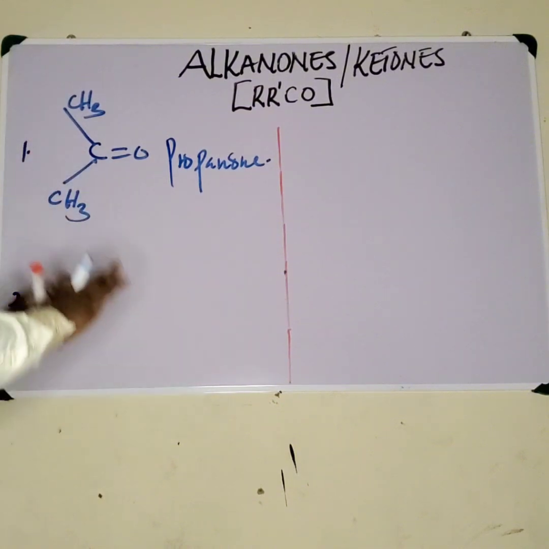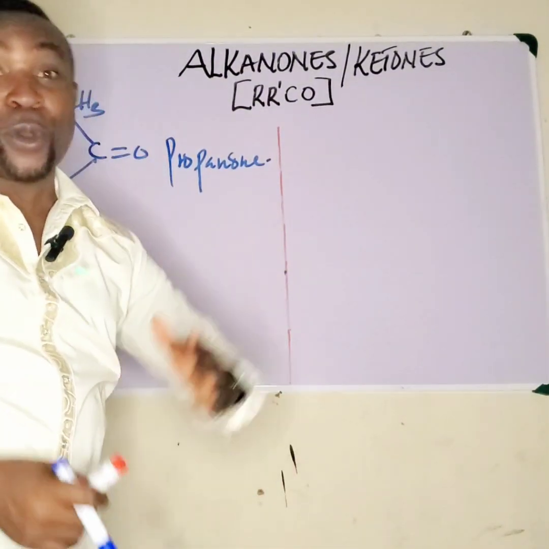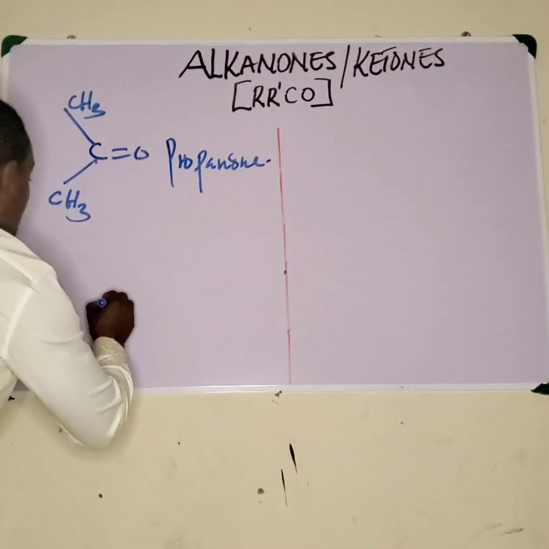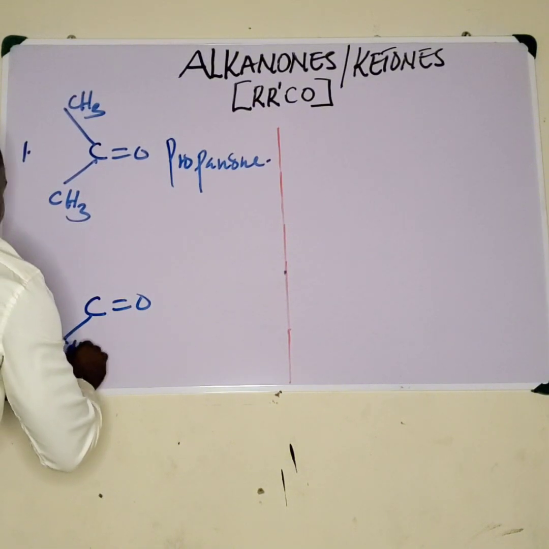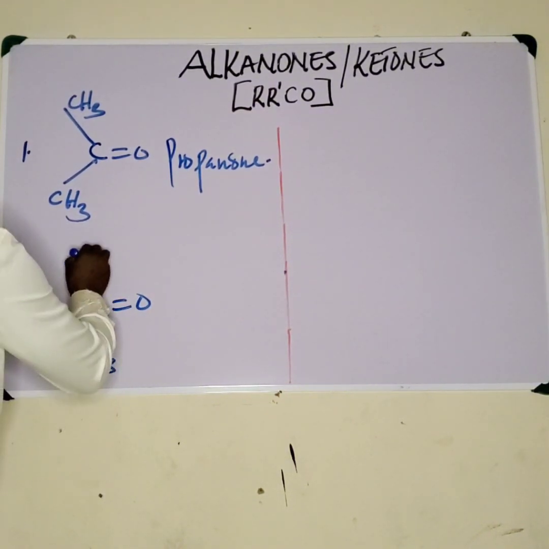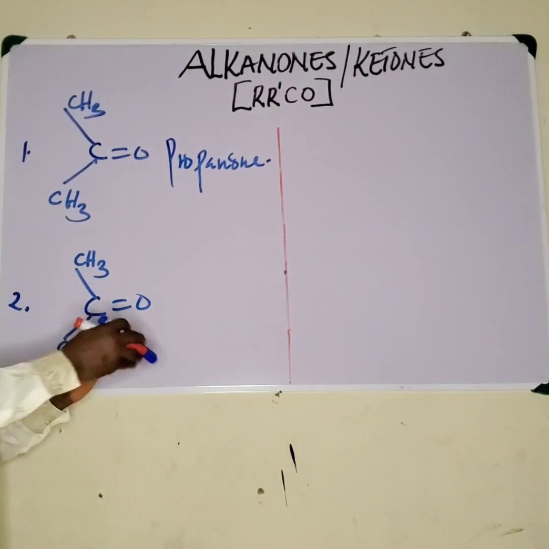Let us see the second member. The second member will become butanone, because after propanone, we are not going backwards, it becomes butanone. And in butanone, remember, we are still having our double bond, which you cannot ignore. We have this CH2CH3, or C2H5, and here we have also CH3. So let us see what this compound is known as, and what is the longest carbon chain.